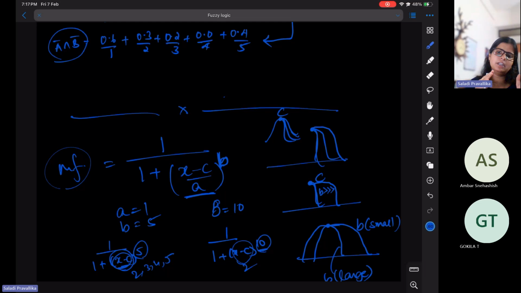So just remember, for smaller value of B, the transition happens slower. If the value of B is large, the transition happens fast. There will be a sudden drop immediately, because the denominator will increase by so much, the whole thing will decrease faster. So immediate drop will be there for greater B.